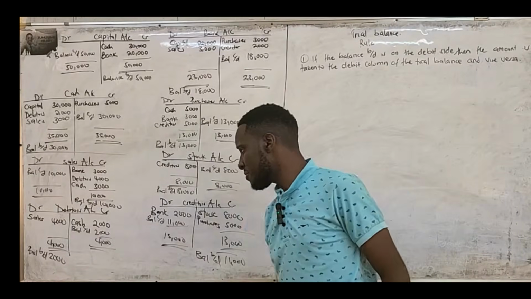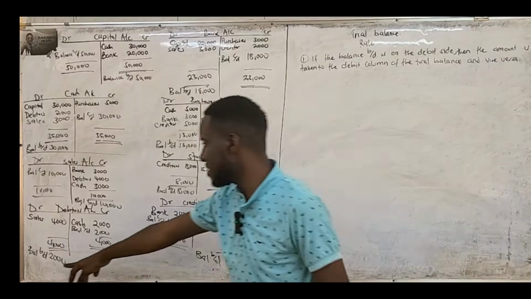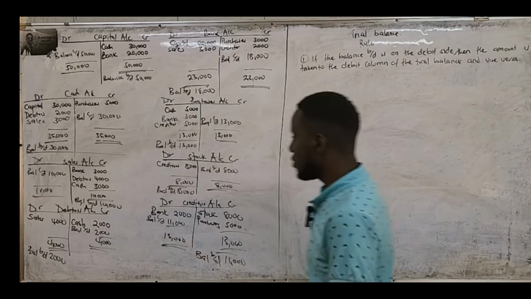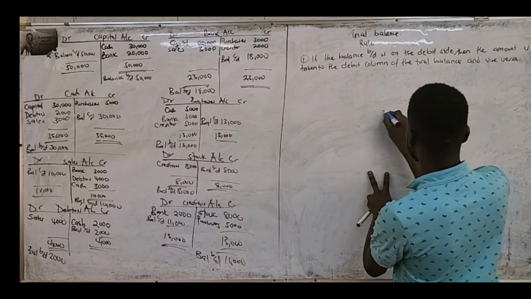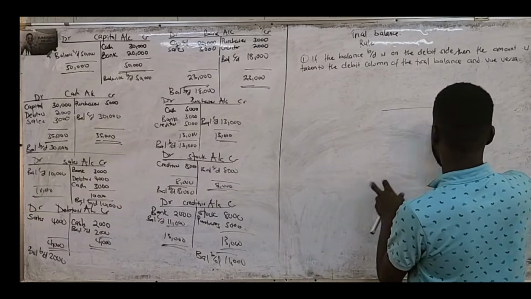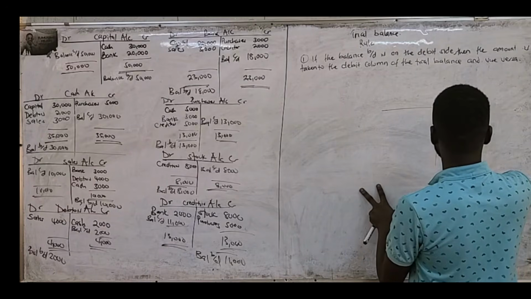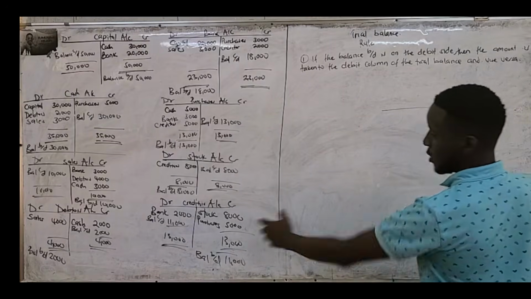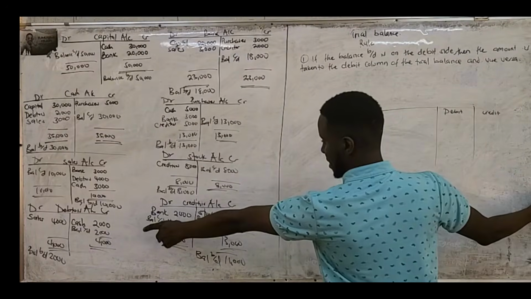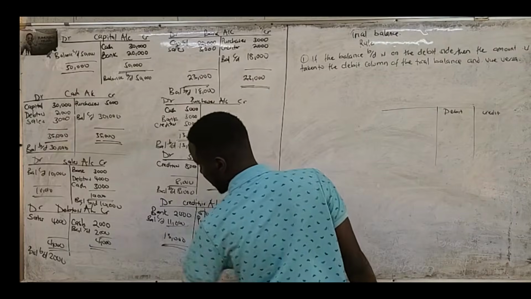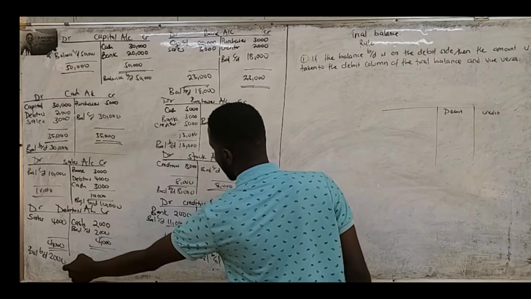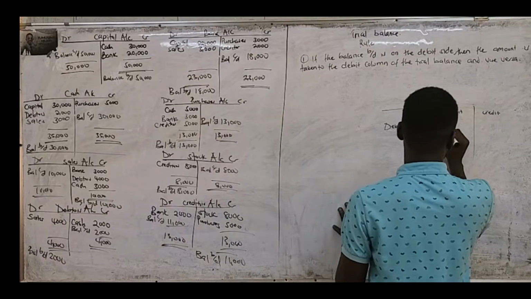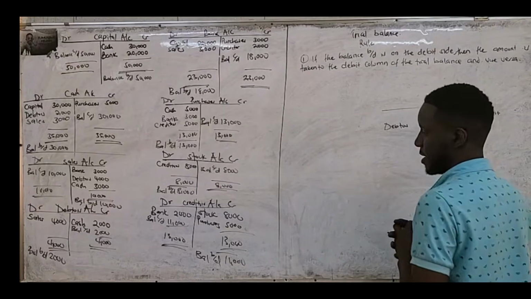What do I mean by this? If the balance brought down, for example, let's say for the debtors, is on the debit side, then when you go to the trial balance, remember the trial balance looks like this. We have the debit and the credit. Now, if the balance brought down here on the debtors is 2,000 on the debit side, then you're going to come here and say debtors 2,000.